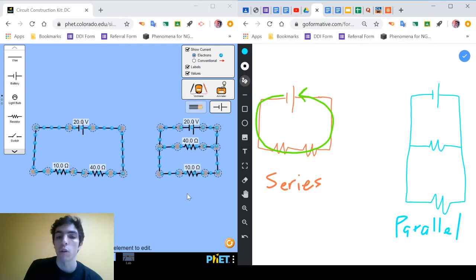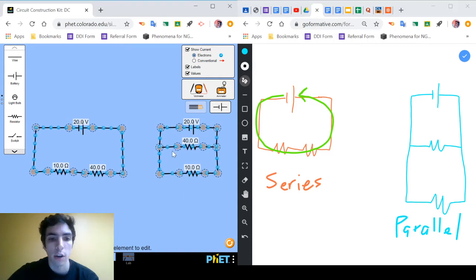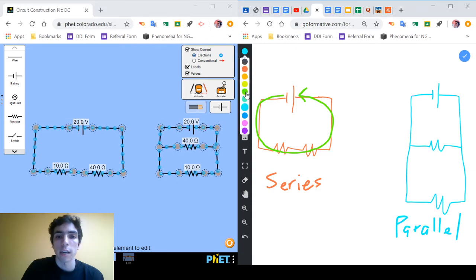We're going to talk in detail tomorrow and for the rest of this week about some of the implications of that, like the fact that there are multiple paths for this to take. But today we just want to make sure that we are solid on identifying the different routes that current can take through a parallel circuit.